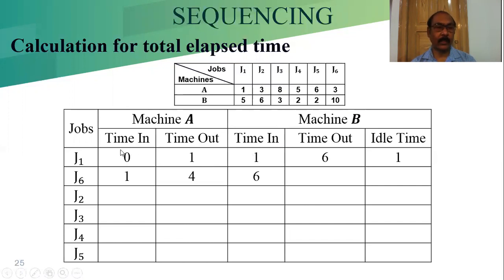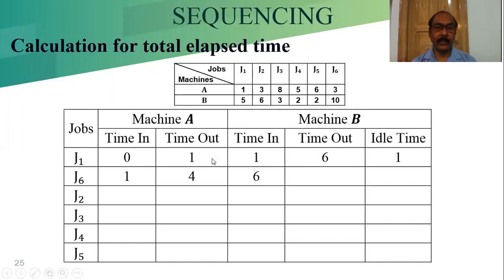For simplicity, if we consider 12 noon as the 0th hour, this is 1 p.m. After taking 1 hour, job J1 enters machine B at 1 p.m. How much time is required for J1 in machine B? 5 hours. So 1 plus 5, it will be complete at 6 p.m. That means the 6th hour it will be complete.